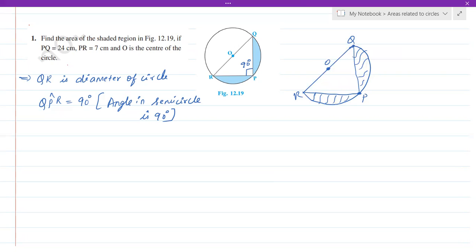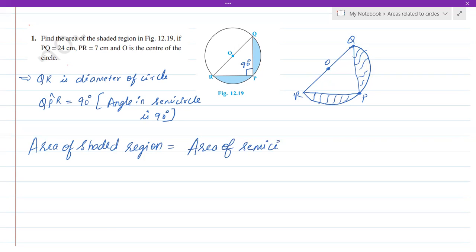So area of shaded region will be equal to area of semicircle minus area of triangle. What is the triangle? PQR. Area of triangle PQR. And remember, the angle here is 90 degrees.